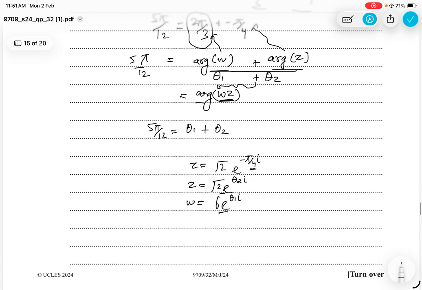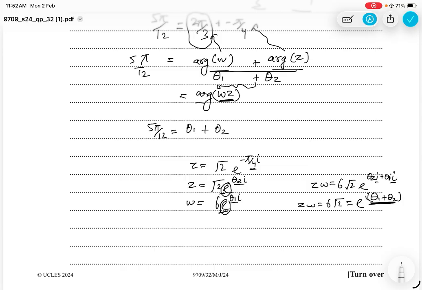If I multiply both of them, I will get 6 root 2 and e to the power... See, the bases are same. Whenever the bases are same, we add the power. Theta 2i plus theta 1i. Yes or no? Take i common. So we will have theta 1 plus theta 2.